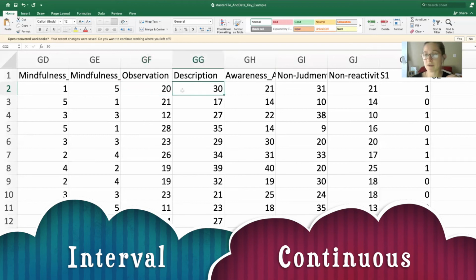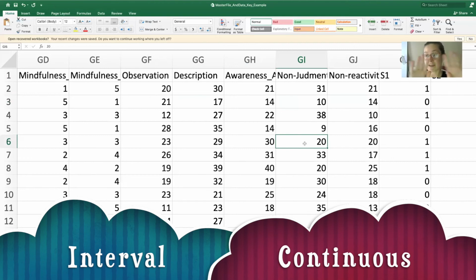We can't compare them in a ratio way, okay? We can't say that participant one has double the observation compared to participant two's non-judgment. Or that participant two had half of the non-judgment as participant five here or whatever. So that is the limitation of interval data, okay?